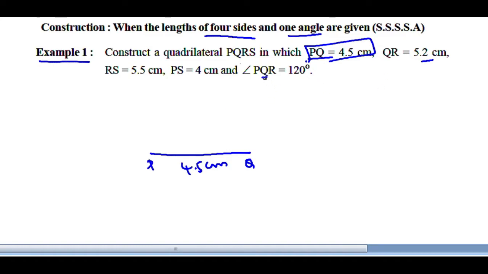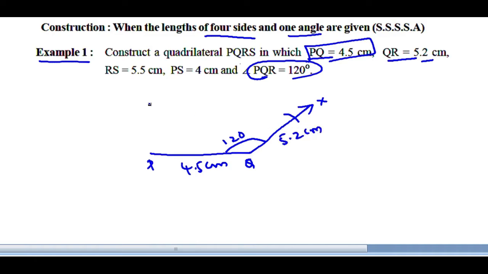Next we are constructing the angle Q, 120 degrees. So 120 is obtuse, so you will get it on this side, approximately. So we are getting angle 120 degrees, and we need to draw a ray here, that is QX. After that we have one measurement, that is Q to R, 5.2. So we locate the point R with 5.2 centimeters using the compass.